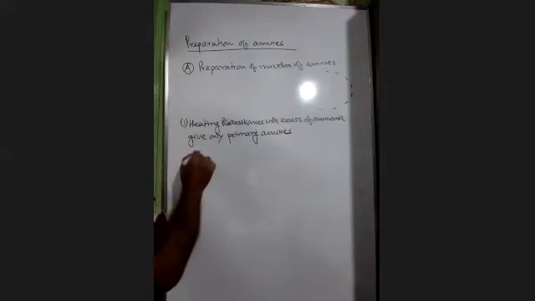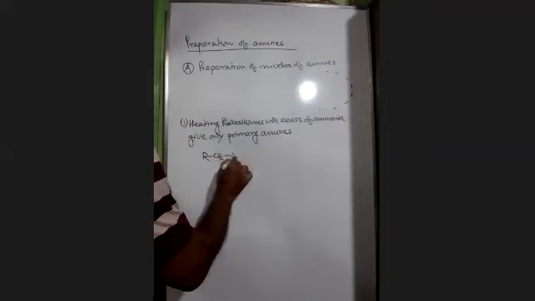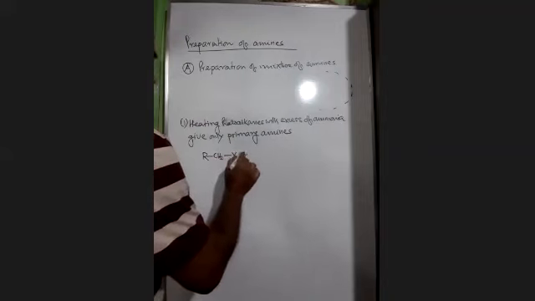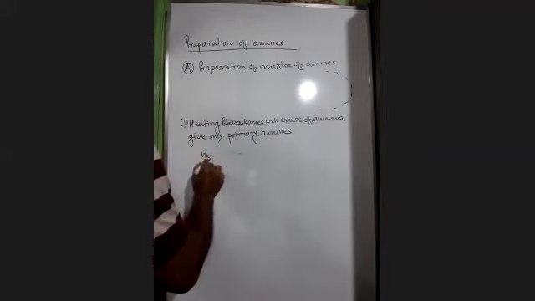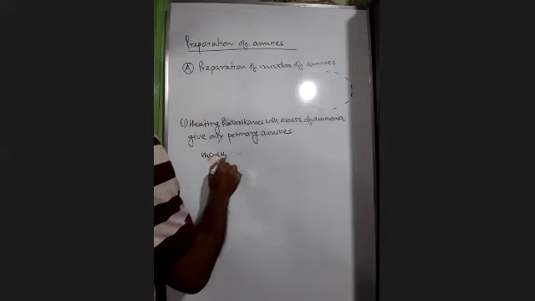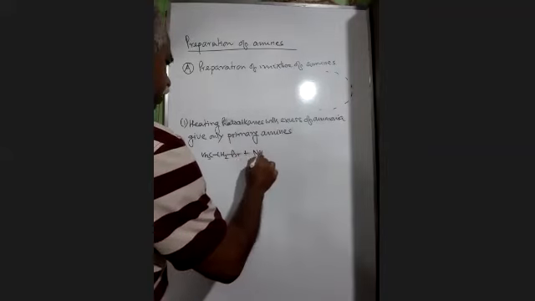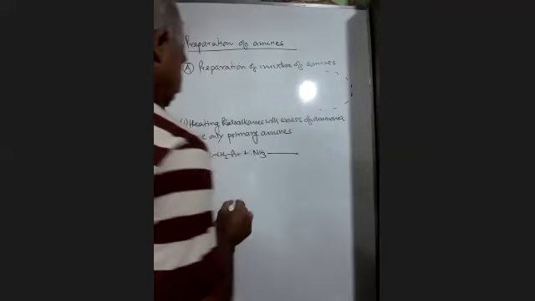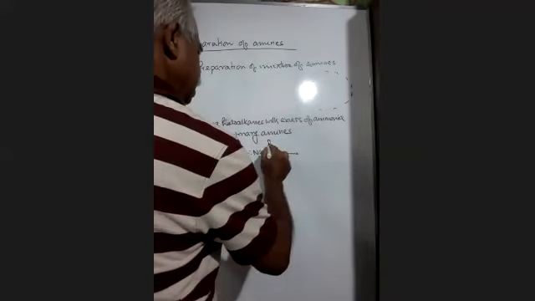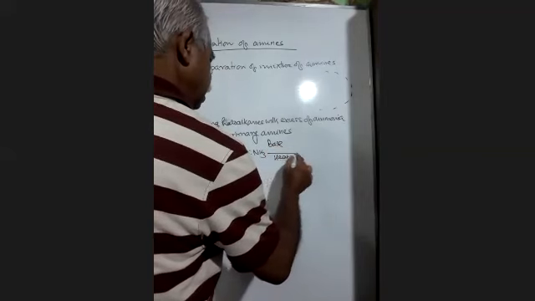Okay? So I'll write now here R-CH2X. Okay, I'll write CH3CH2Br plus ammonia. Write here base and I'll write here heat.